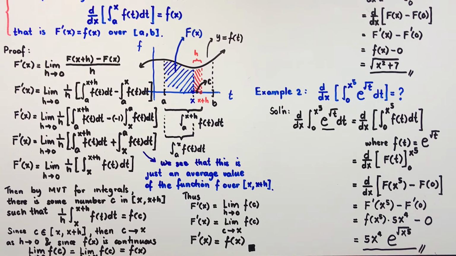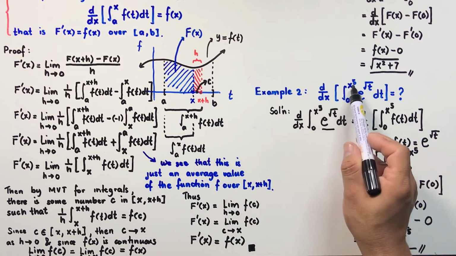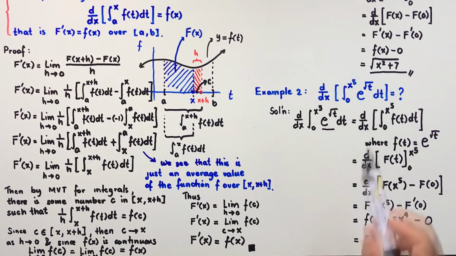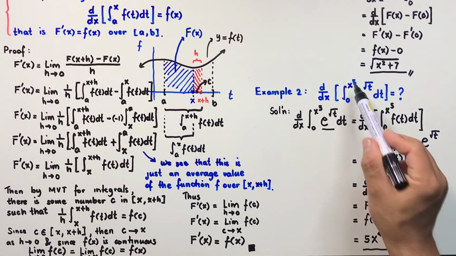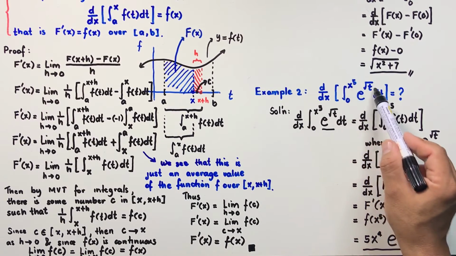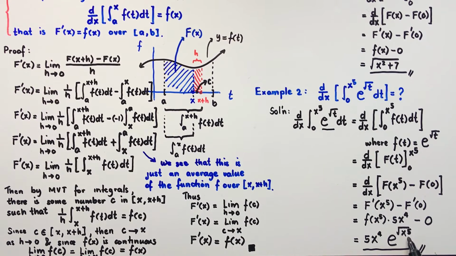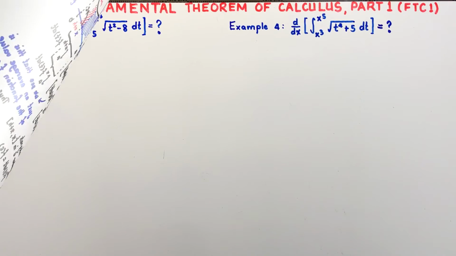So, looking at our given, as if we just cancel the differentiation and the integration and copy this function here after substituting your x to the power of 5 for your t. But we need to multiply this one by the derivative of x to the power of 5, which is 5x to the fourth. Now let's proceed to our example number 3.